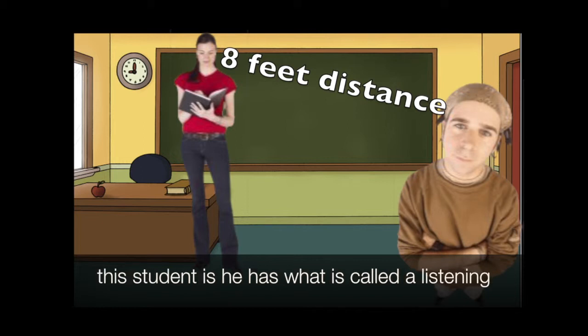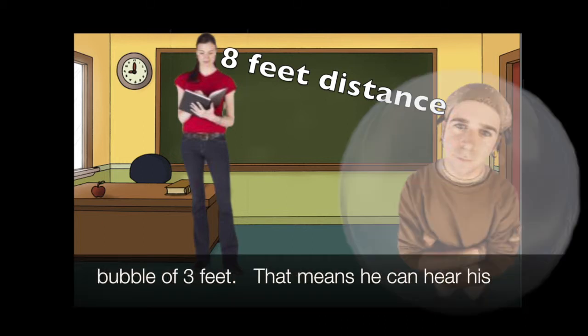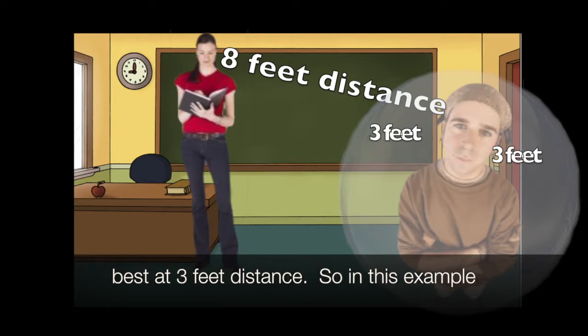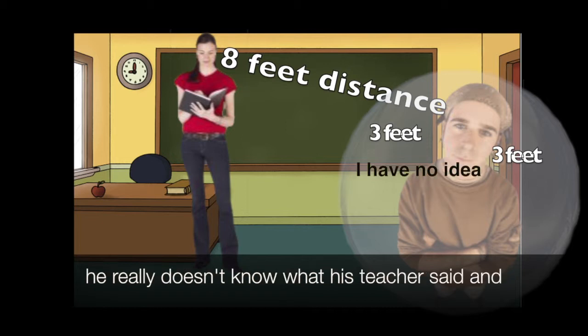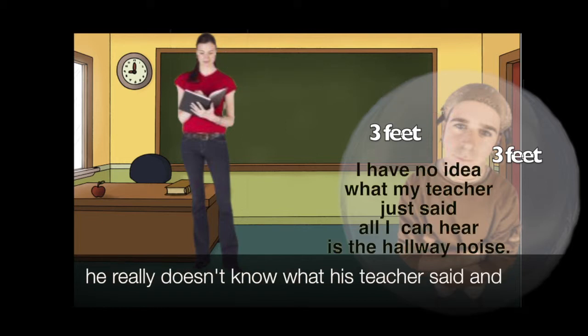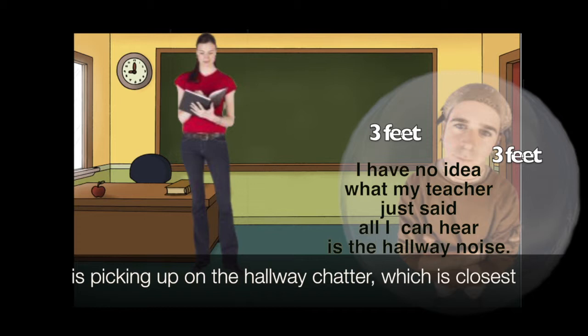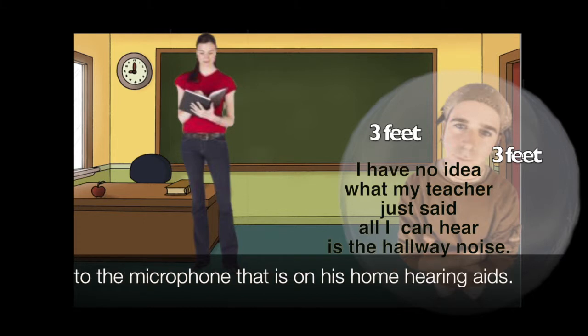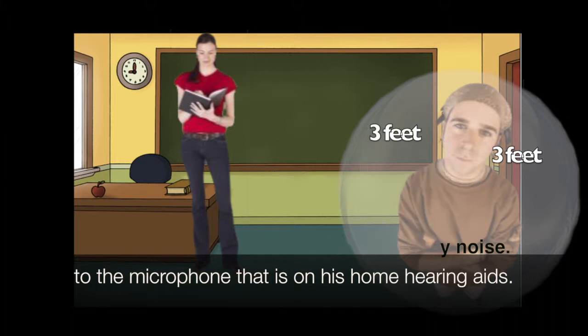What we know about this student is he has what is called a listening bubble of approximately 3 feet. That means he can hear his best at 3 feet distance. So in this example, he really doesn't know what his teacher said, and he is picking up on the hallway chatter, which is closest to the microphone that is at his ear on his home hearing aids.